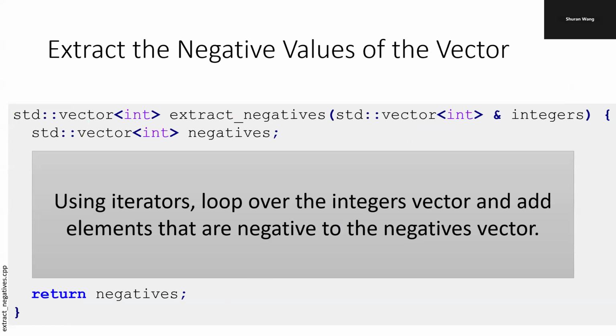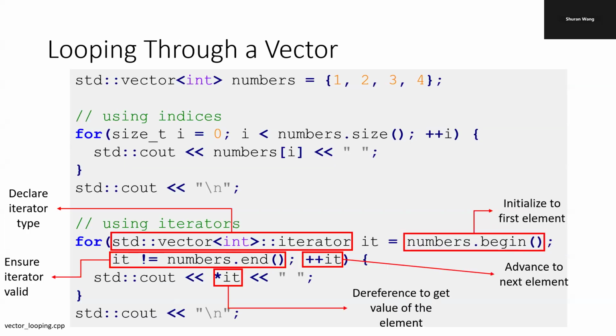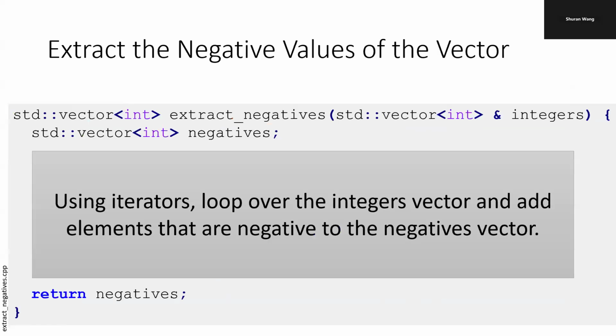Now let's use something similar to this for loop and do an example. This is a function that wants to extract negative numbers inside this vector of int. And we want to push them back into this empty negatives vector and return it at the end. We want to use iterators to loop over the integers and do the push_backs.